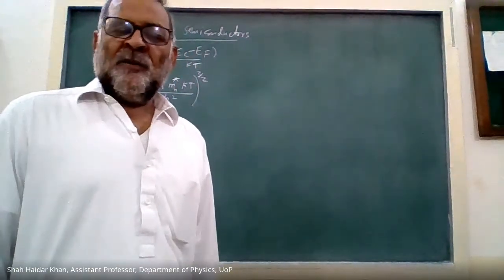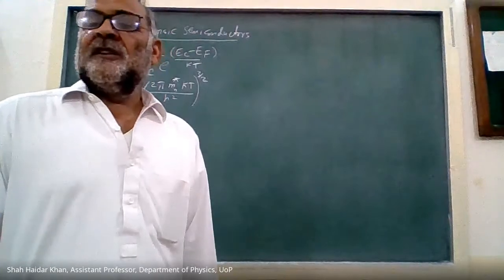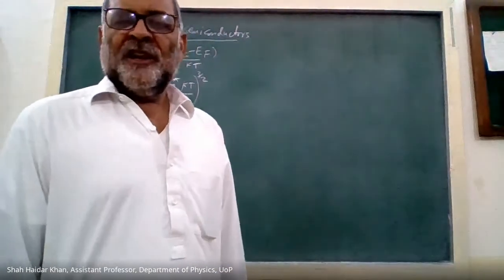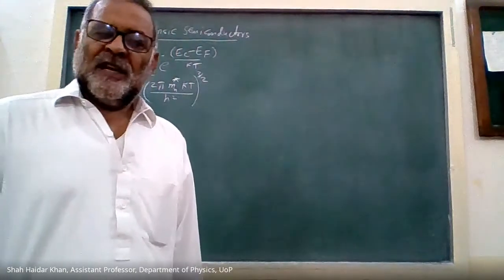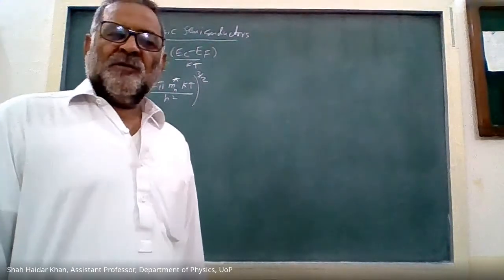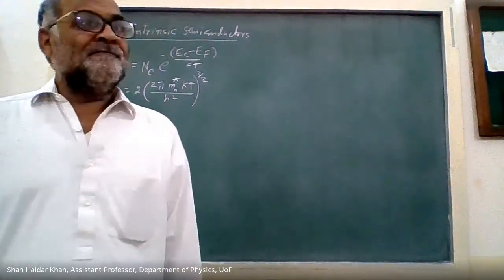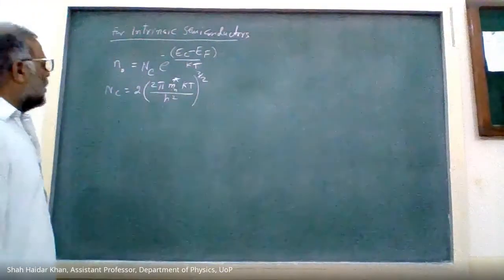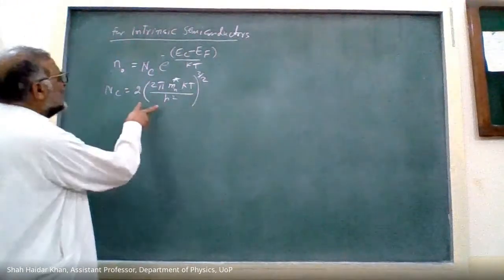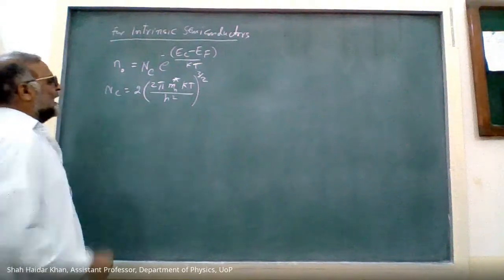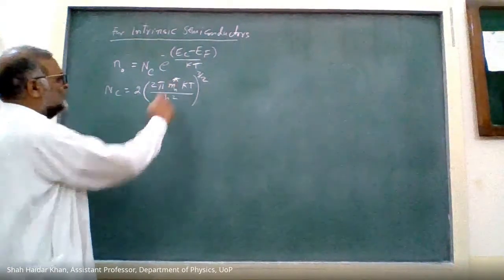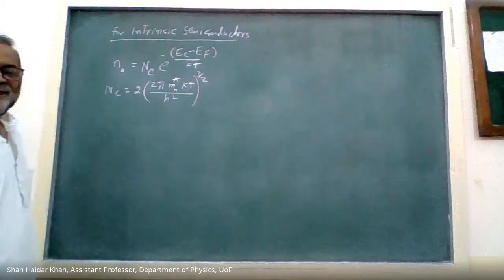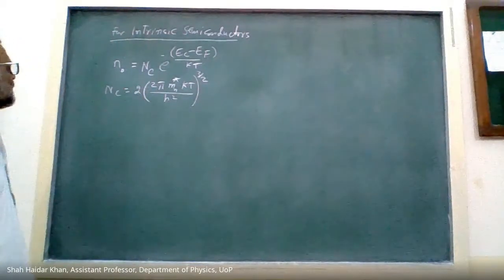And I will always instruct you to please read my lecture in comparison with the book. I hope I have given everybody the book, and you will be reading the book. So that is the effective density of states, and it is a function of temperature, and it is a function of the effective mass of the electrons.